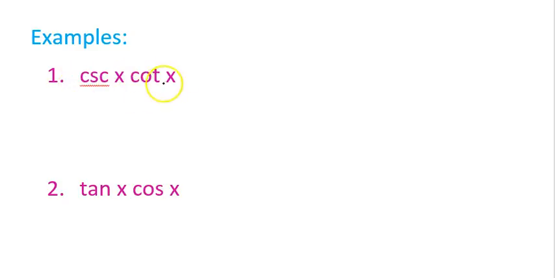When these things are just multiplied, you want to replace them with the fractions that work in sine and cosine. So cosecant x is the same thing as 1 over sine x. Like I said, this is all about substitution. Cotangent x is cosine x over sine x.